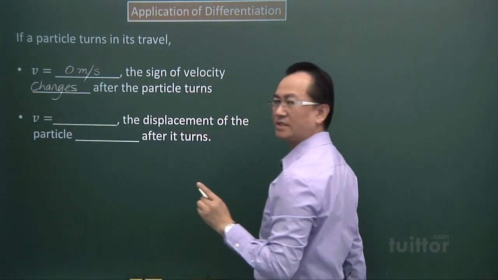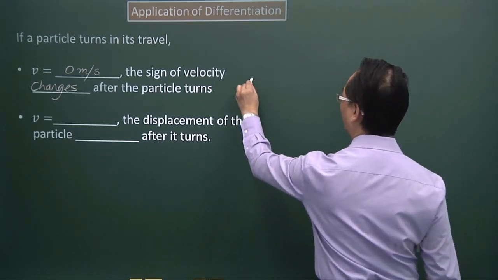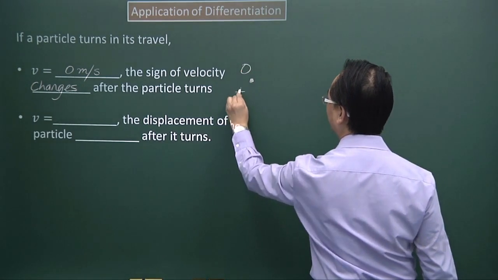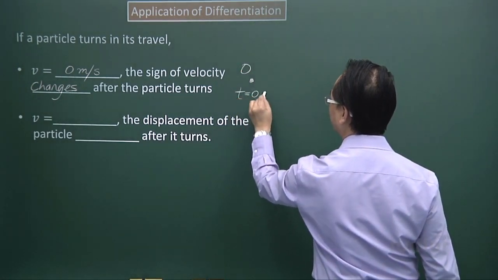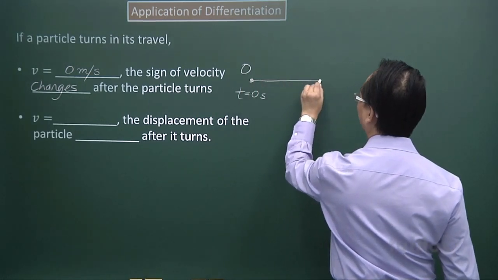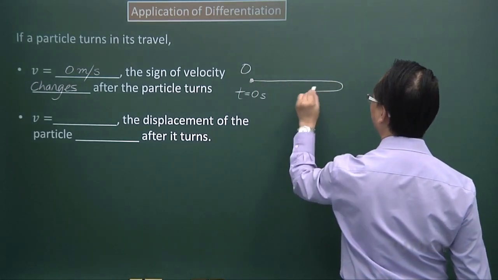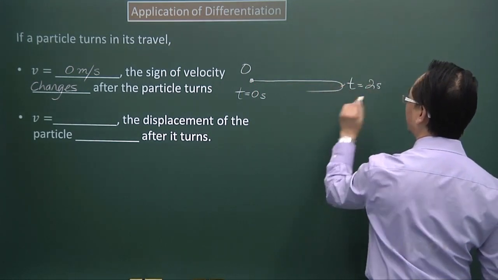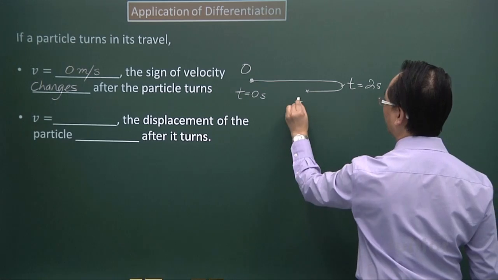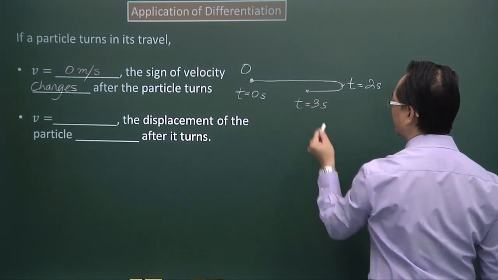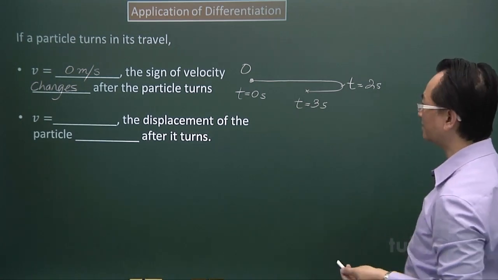So in other words, if I start off from here at a fixed point O at t equals, say, 0 seconds, then the particle turns at a certain time. Let it be 2 seconds, and here, at this instant, t is equal to 3 seconds.